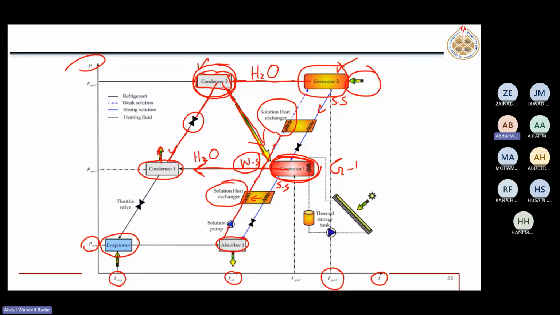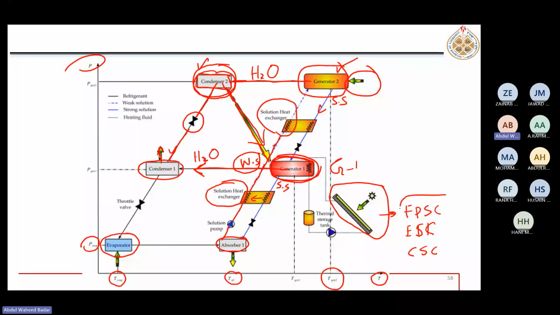In generator 1, because we need heat at low temperature, we can use normal solar collectors. For example, there are many types of solar collectors: flat plate, evacuated tube solar collectors, or concentrator type solar collectors.